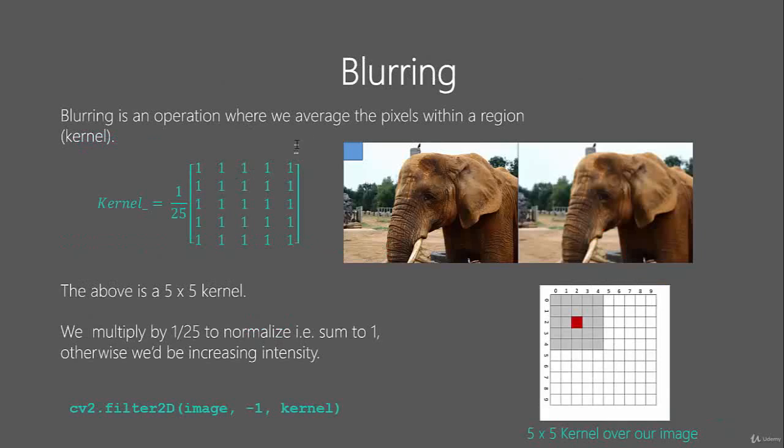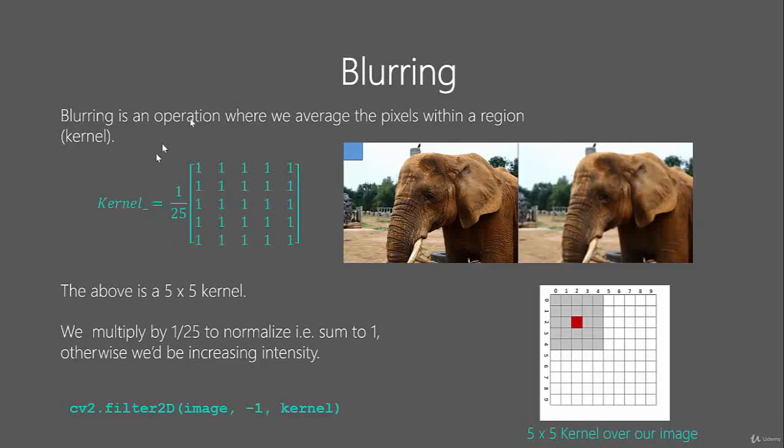Blurring is an operation, which you may have obviously figured out, that blurs an image. You can clearly see here, this is a sharp picture of an elephant I took at Colchester Zoo, and this is the blurred image of the elephant. He's now, or actually she's now, quite blurry. This is an example of a kernel matrix. This matrix is 5 by 5, and we multiply our kernel matrix by 1 over 25, and that's how we normalize.